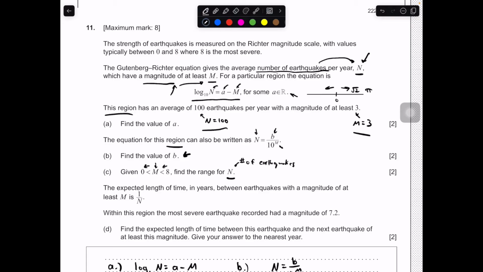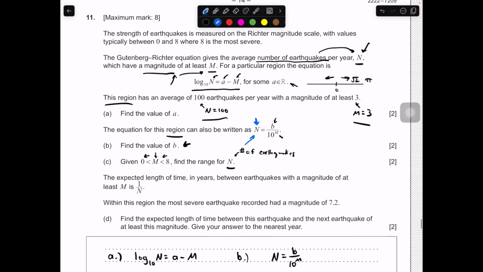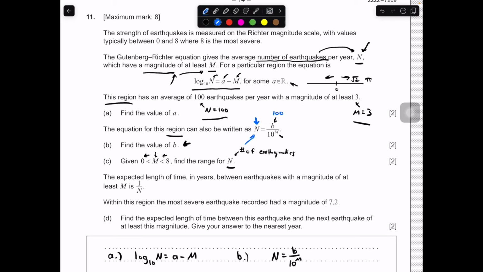In terms of finding n, we would have to go back to this equation right here. So n, remember, is the number of earthquakes. We found out what b was: b, we said, was 100,000. And m is, in this case, the magnitude, the strength of the earthquakes.